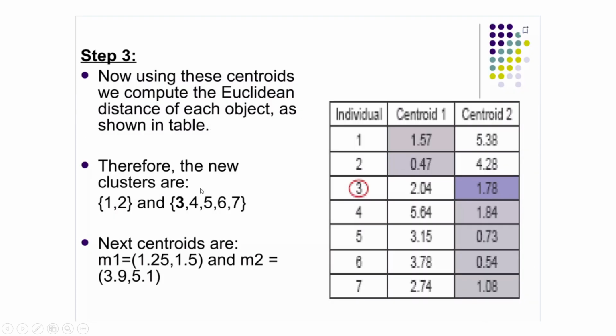In step 3, using these centroids, we compute the Euclidean distance of each object as shown in the figure. Using the centroids, we group individuals 1, 2 as one group and 3, 4, 5, 6, 7 as another group.